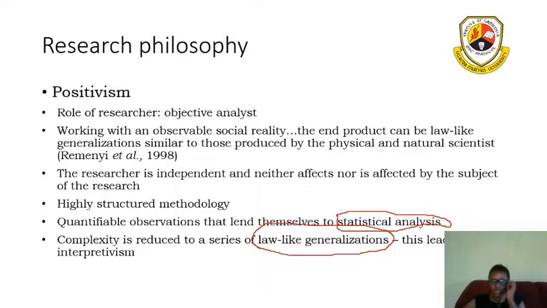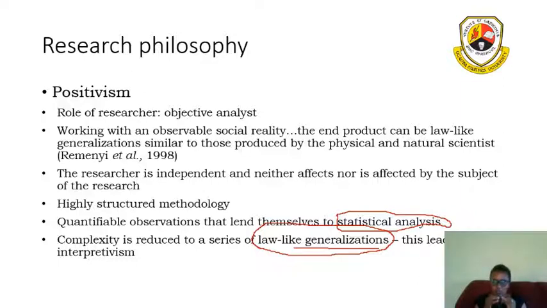So here you realize that we took a statistical analysis of a certain number of girls in Uganda, and that number of girls represents all girls within Uganda who are under the age of 18. Therefore, we come up with that generalization. So this is the positivism philosophy.